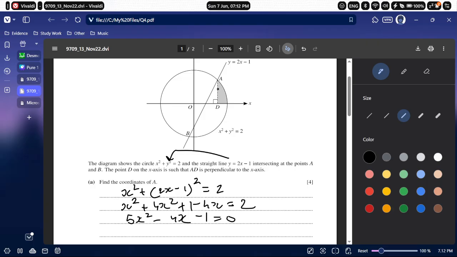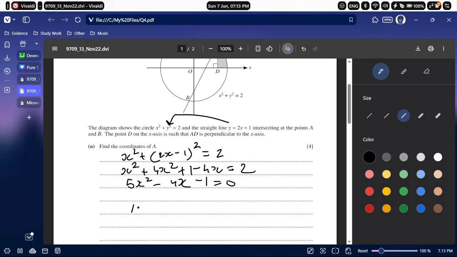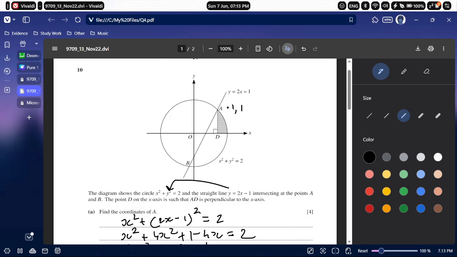Keep in mind that you would consider the positive x coordinate because A has a positive x coordinate. So you're getting x as 1, okay? X is 1, and then you can input x into this to get 2 minus 1, so 1. So 1 comma 1 is your answer for part A.